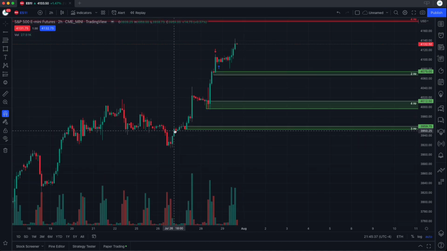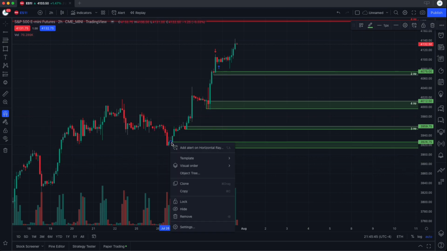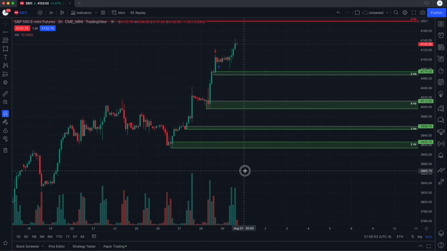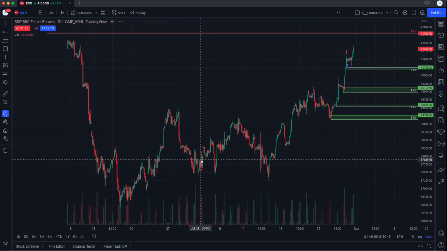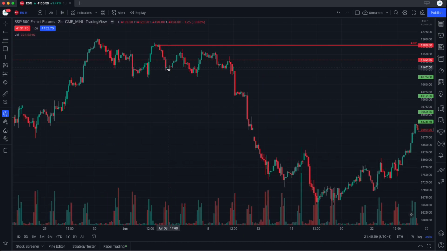Yeah, these are strong candles, I would say. So I'll mark that one too. That is a 2-hour demand. Okay. Here we go. Look at that.